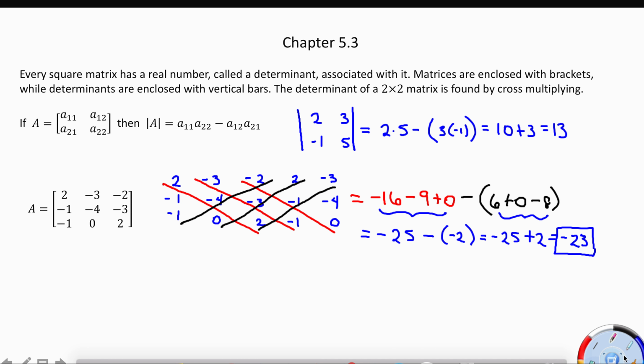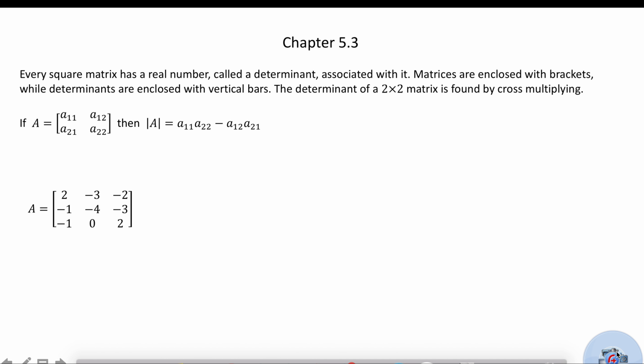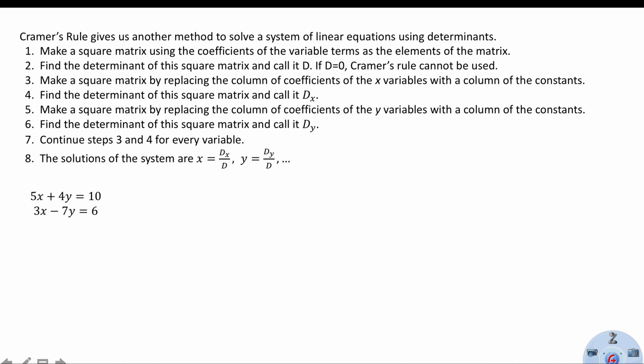Okay, let's see why we would want to do that, because we have something called Cramer's rule. Cramer's rule gives us another method to solve a system of linear equations. Okay, and here are your steps.